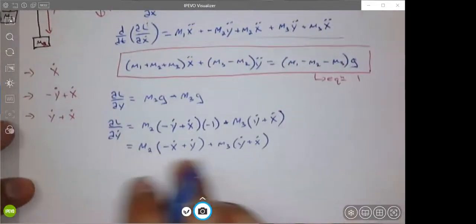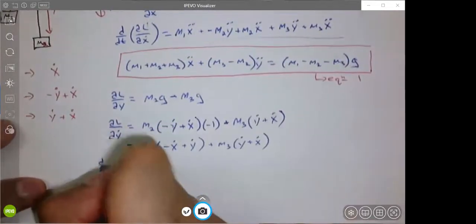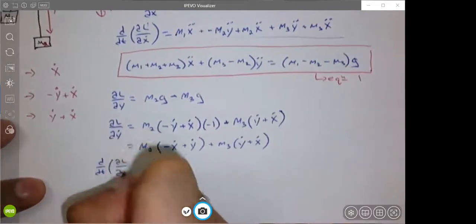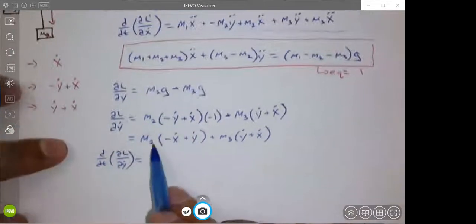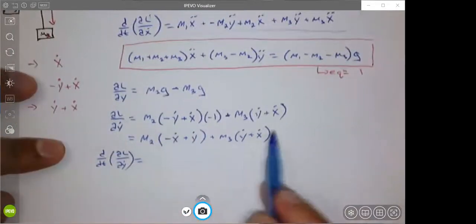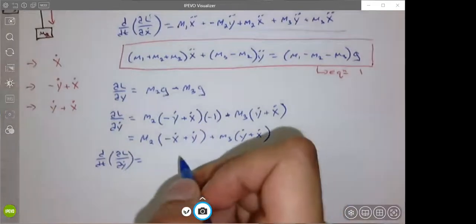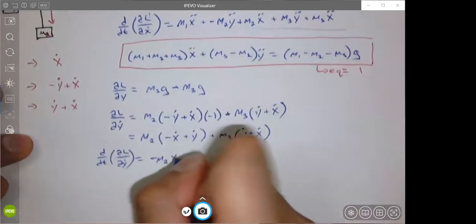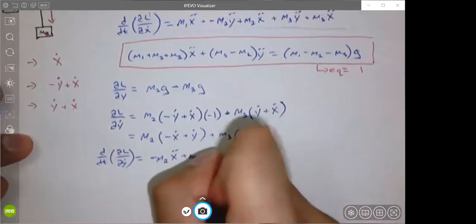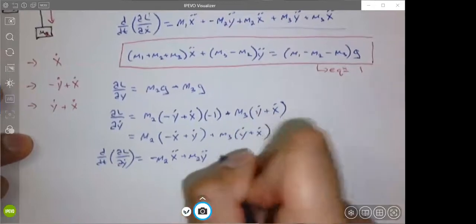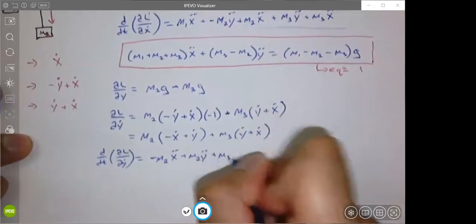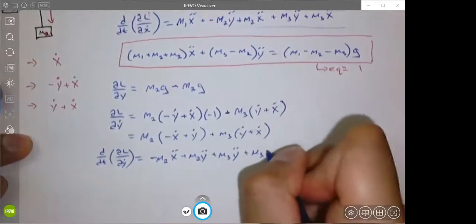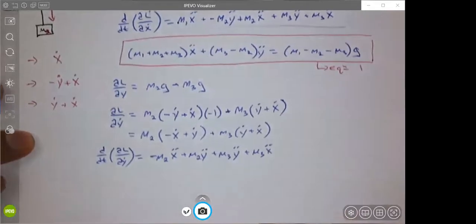Now we need to take the time derivative of this, and we get d/dt of the partial Lagrangian with respect to y dot. And all we have to do is just distribute here, here, here, here, here, and then take each of the partial derivatives. So the first one's going to become negative m2 x double dot plus m2 y double dot plus m3 y double dot plus m3 x double dot, and that's it.